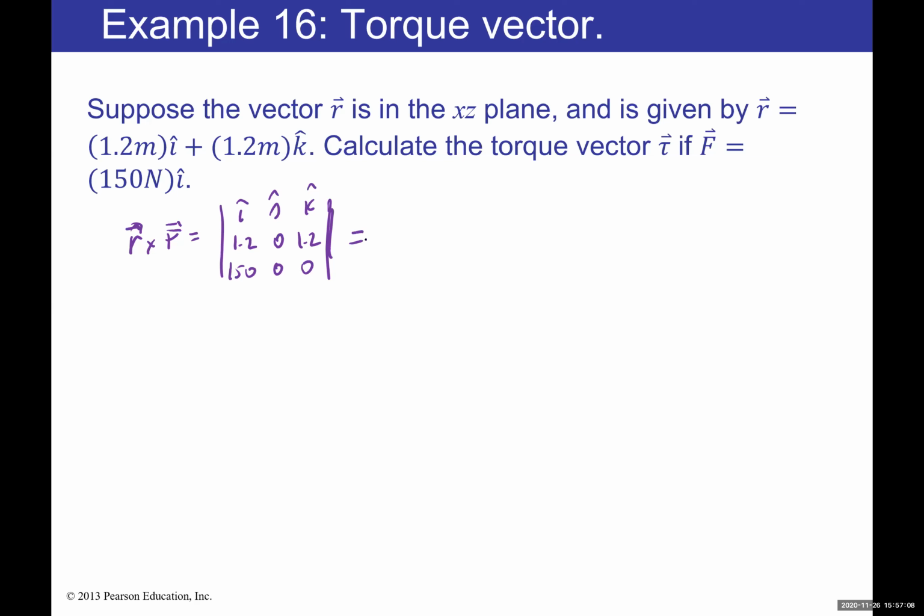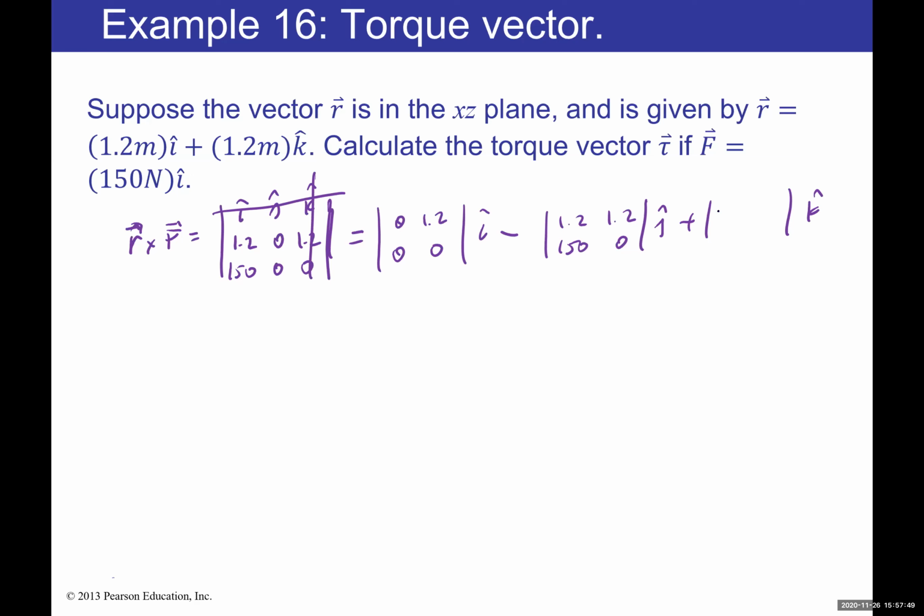So remember what we did: if I do this and eliminate them like this, for the i hat, I have 0, 1.2, 0, 0, then minus, for the j hat, I end up with 1.2, 1.2, 150, 0, j hat, then plus, this is for the k hat.